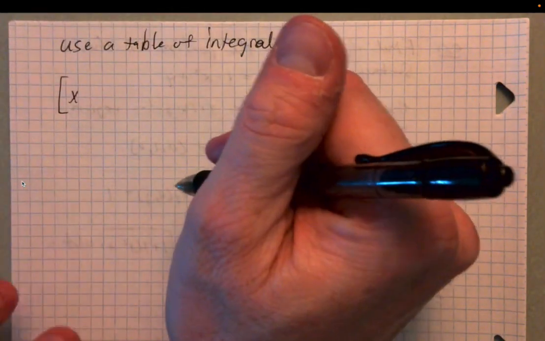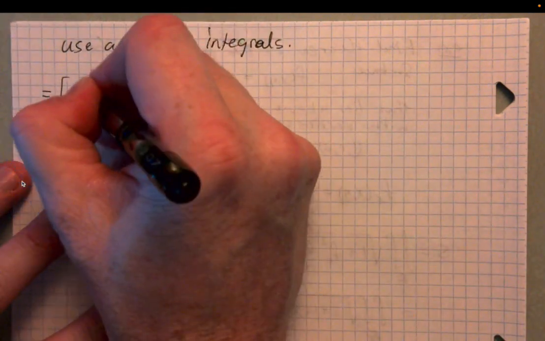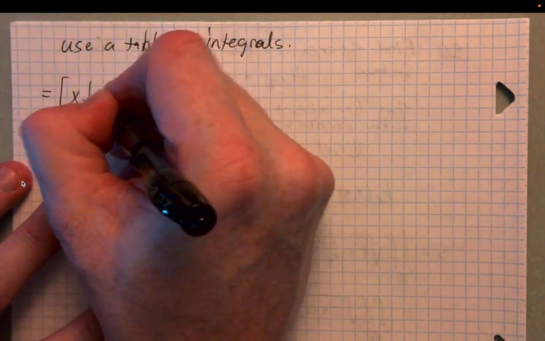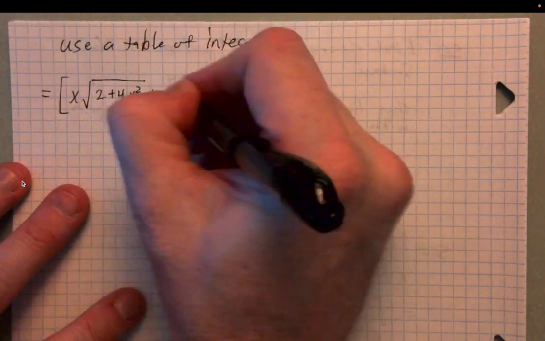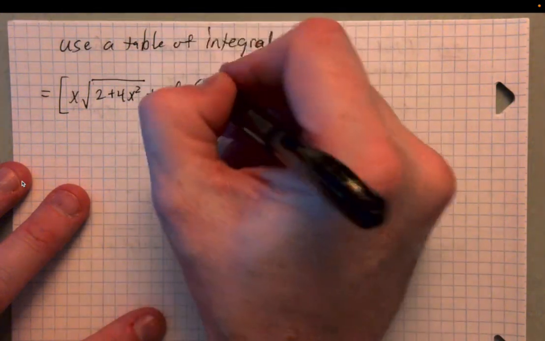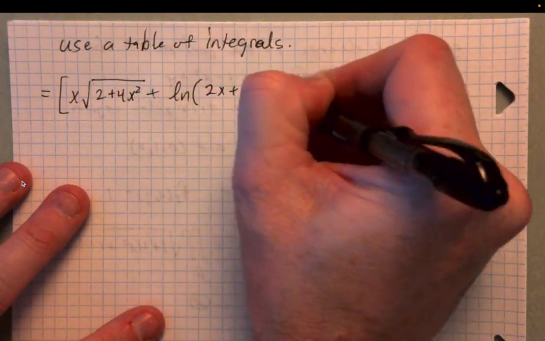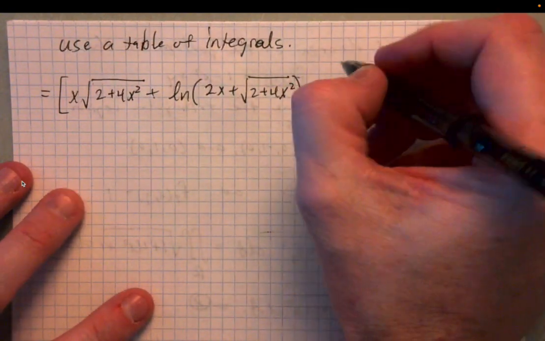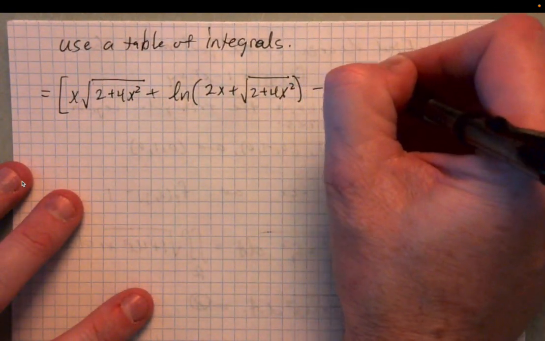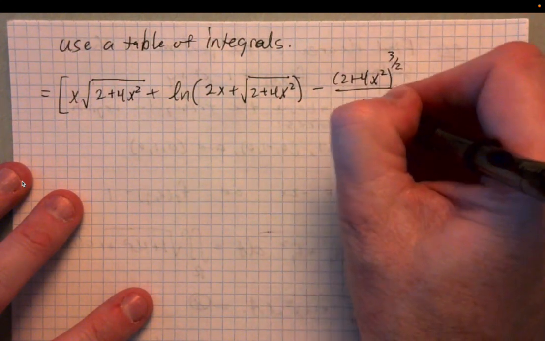So using a table of integrals, you can identify the following form. This integral would be equal to x times the square root of 2 plus 4x squared, plus the natural log of 2x plus the square root of 2 plus 4x squared, minus, and then it's 2 plus 4x squared to the 3/2 power over 6.